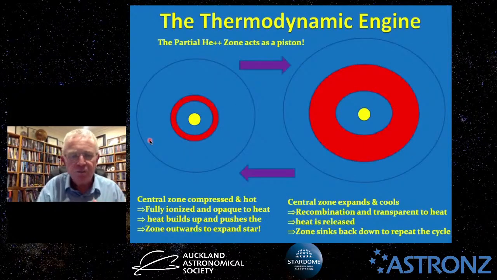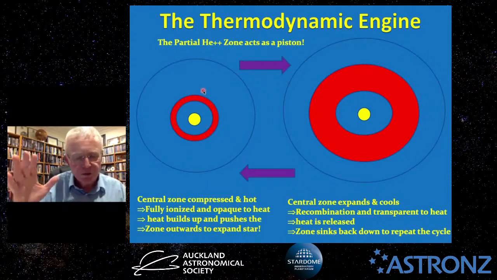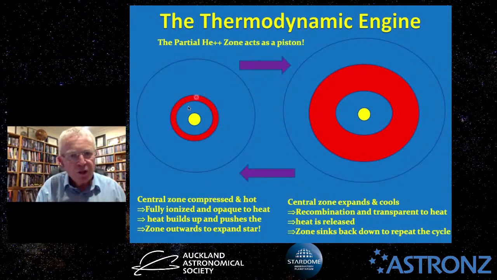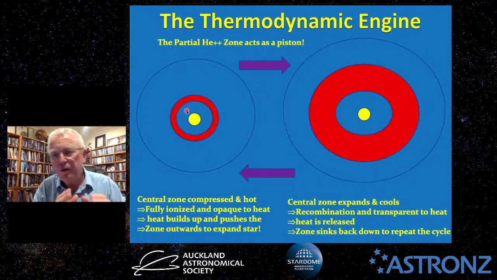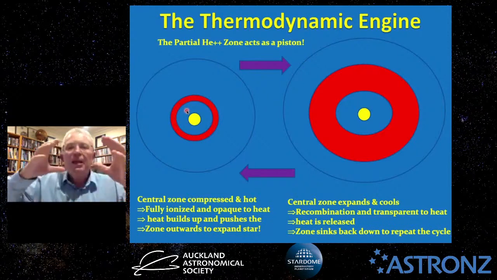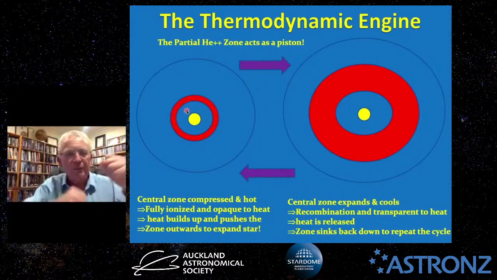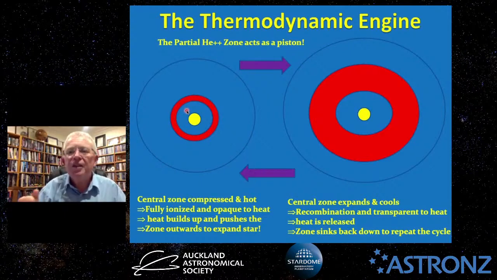Now there's a cycle. Let's start the cycle when the star has shrunk down. This sweet spot within the star, the partially ionized helium zone, has suddenly shrunk closer to the hotter region of the star. So what's going to happen? It's going to become more ionized, and all the electrons are going to be buzzing around, running amok among the atomic nuclei. So what does that mean? It's going to become opaque to light.